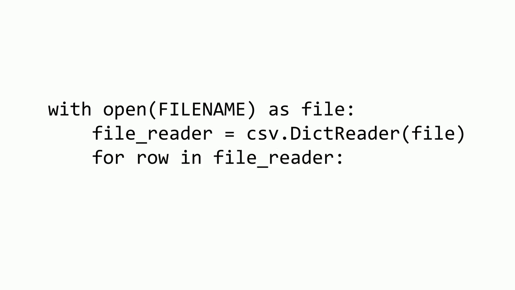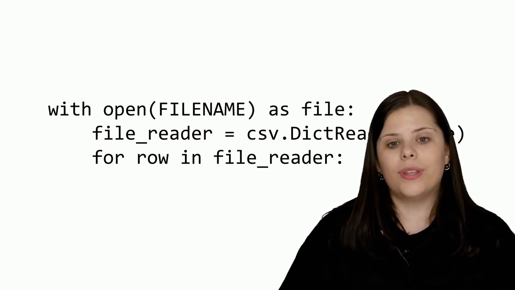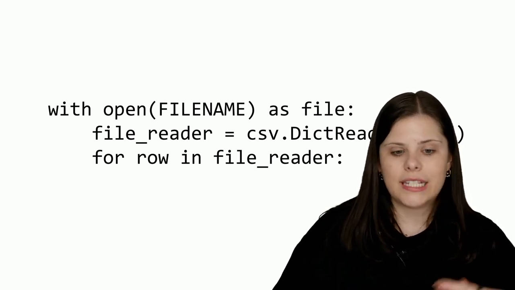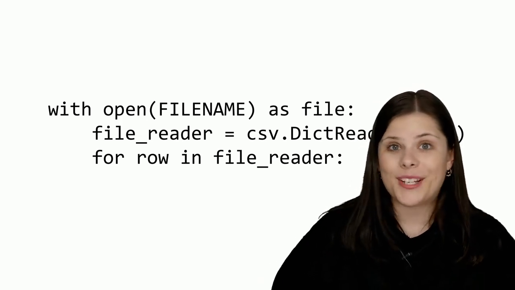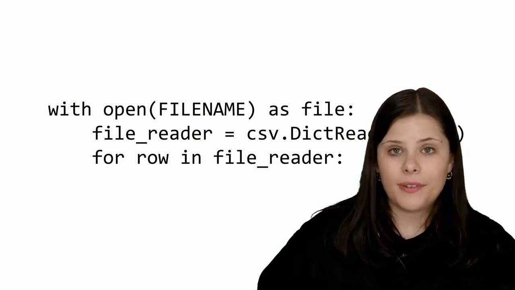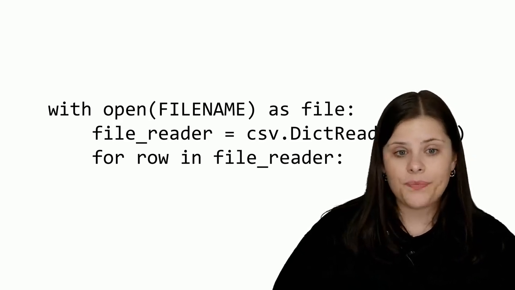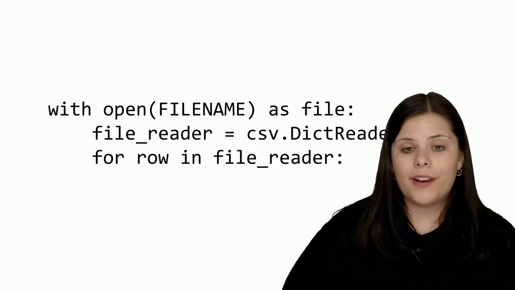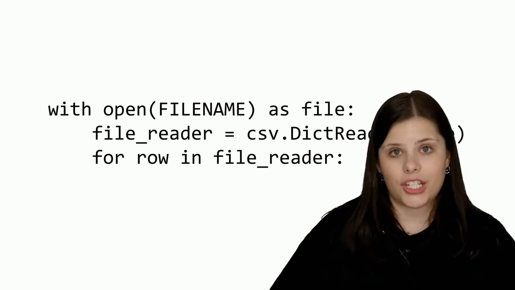We can do whatever we want with our file. In this case, what I would like to do is just go through every single row. I want to look at every single song, perhaps grab some values, which we're going to talk about in just a second. But because my CSV file got read as a list of dictionaries, for row in file reader, the row will be the dictionary.